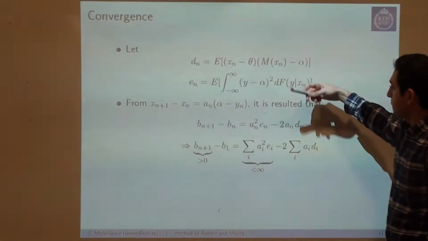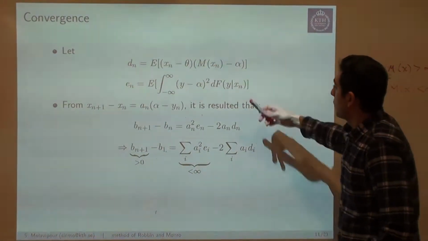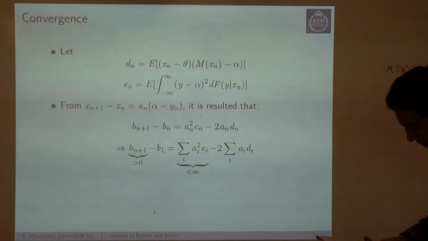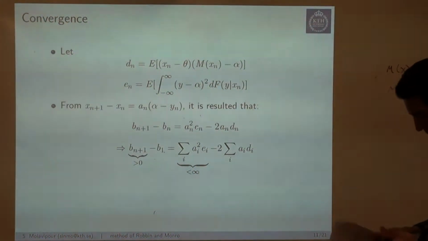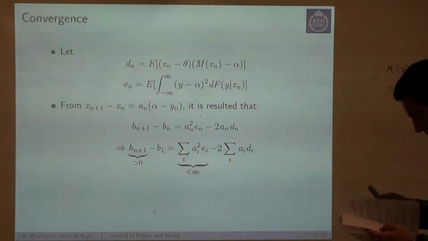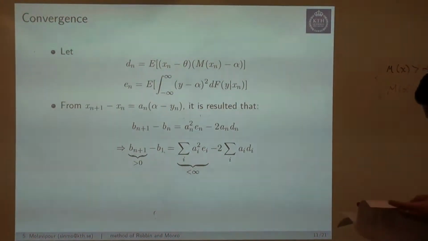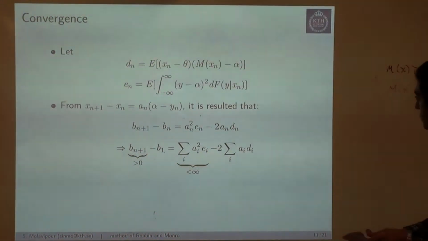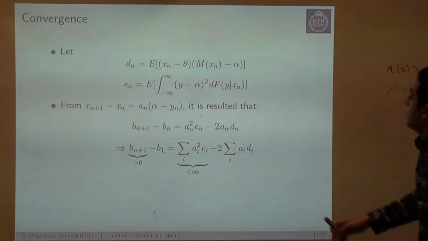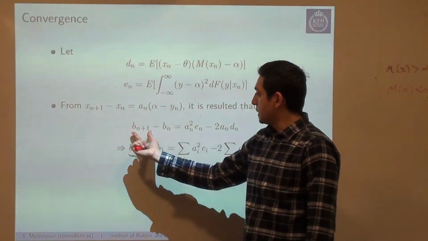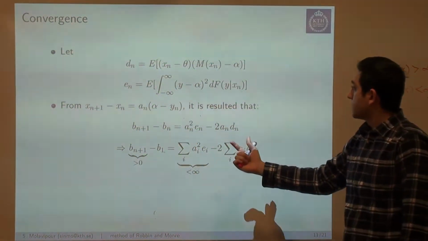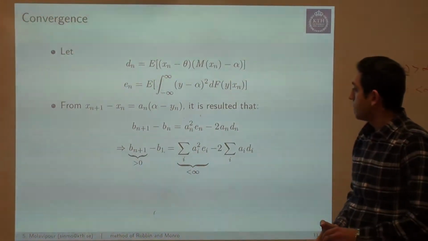With some calculations, we get to the point, I think there is a typo here, that this error term bn, if you recall, was the error. So bn plus 1 minus bn equals an squared en minus 2an dn.